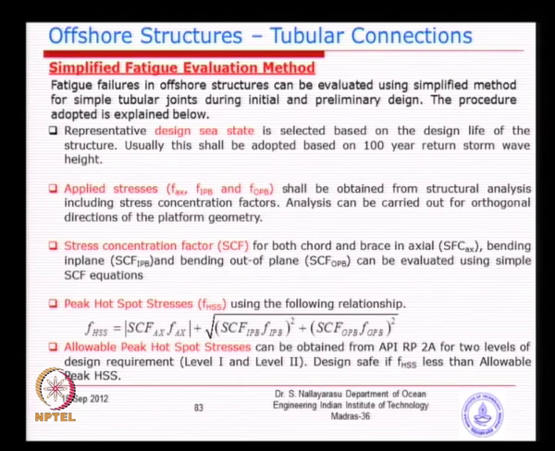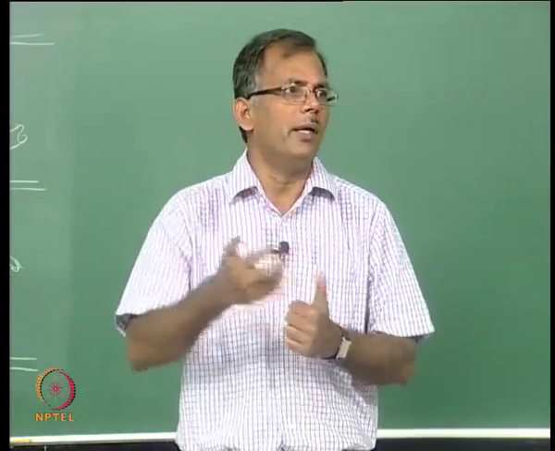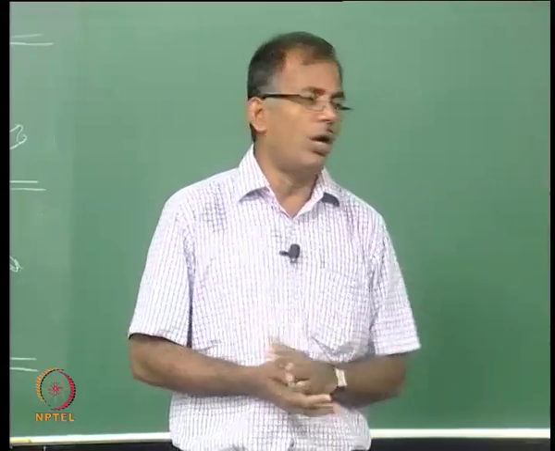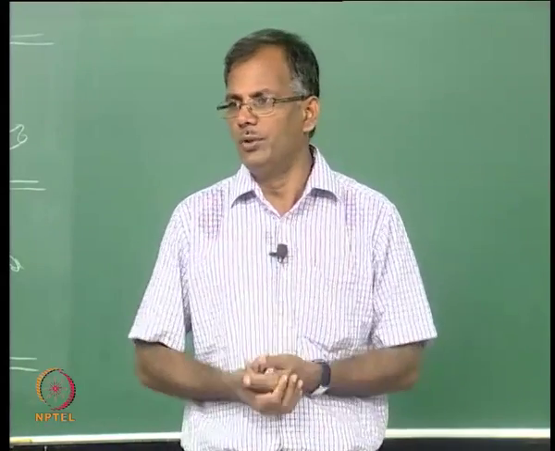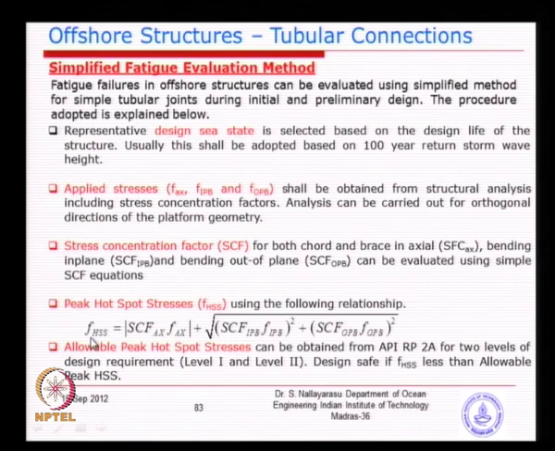That means in-plane stress multiplied by the in-plane stress concentration factor, squared, and the same for out-of-plane, and then you take the value of axial stress, just like the nominal normal combination we used to make, axial stress plus bending in-plane and bending out-of-plane, because all these stresses are acting in the same direction. So, you combine them and find the combined peak, or the highest hotspot stress.